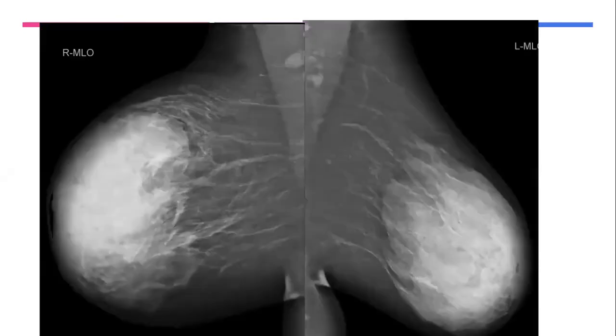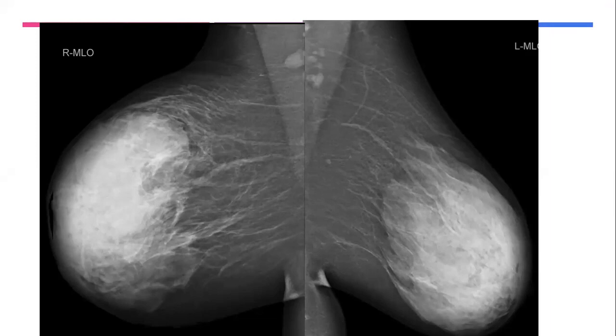Would you see any abnormality in this mammogram? Any appreciable findings? Asymmetry in the right breast. Where? In the right breast, global. Okay, good.